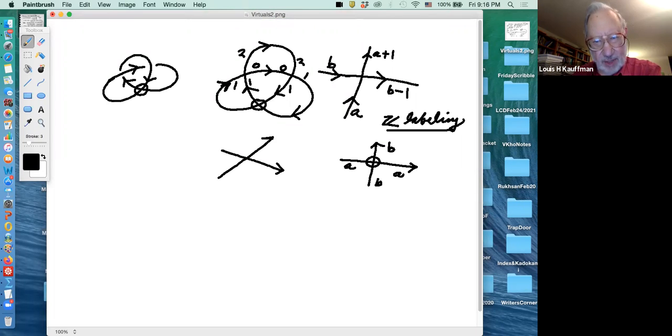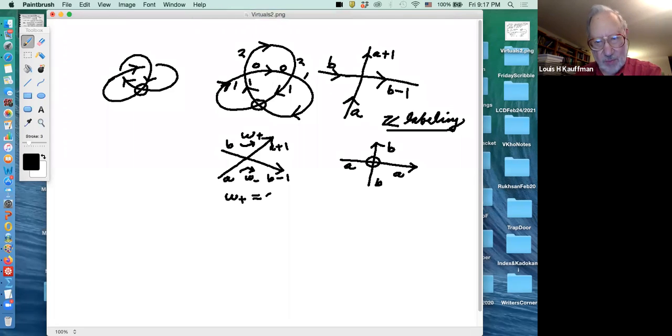Then, at a crossing, you may have some weights. Let's suppose you have A and A plus 1 here, and an unknown B and B minus 1 here. And then I'm going to define two weights, the W plus and the W minus. The W plus is obtained from, if the arrows go to the right, the arrow on the right minus the arrow on the left.